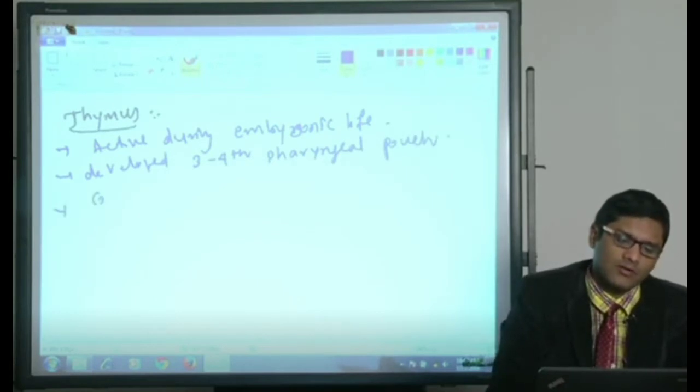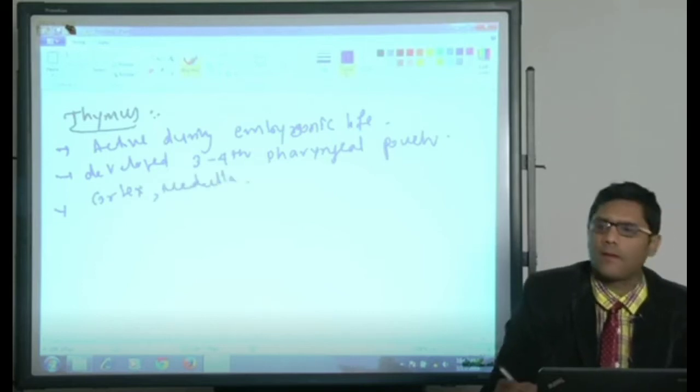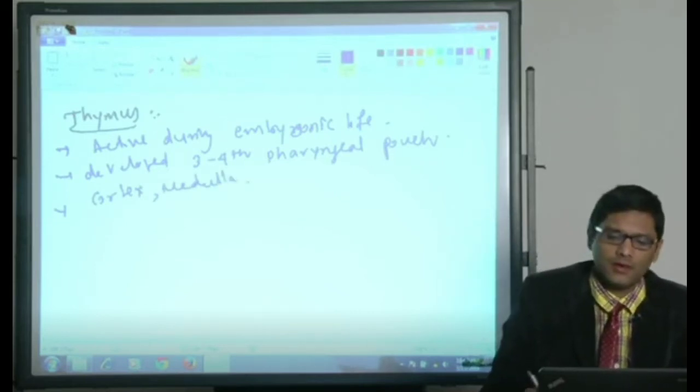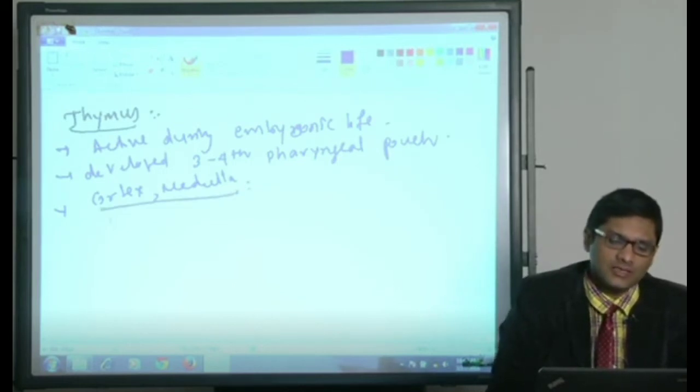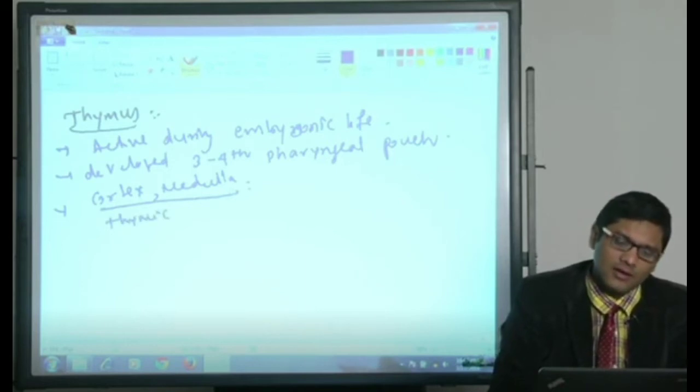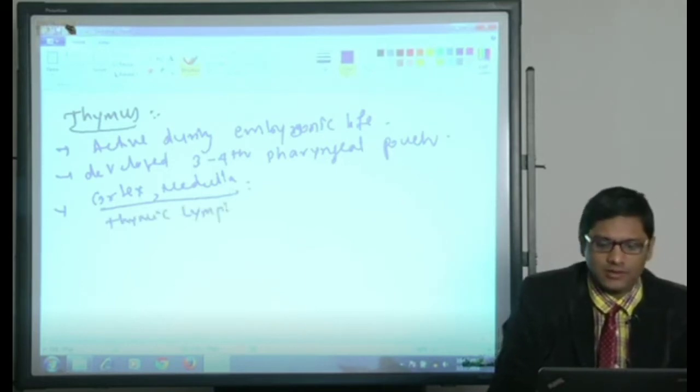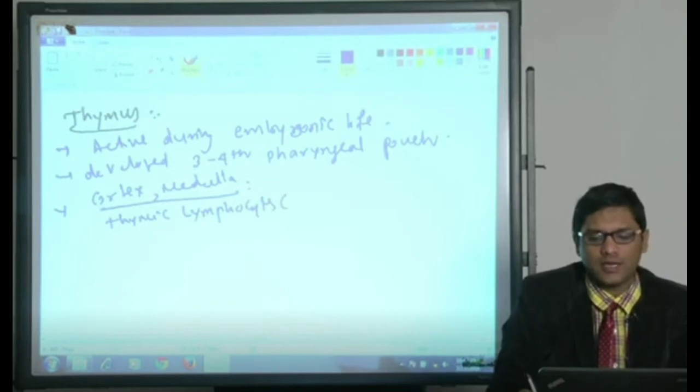It is divided into outer cortex and inner medulla. Both cortex and medulla are rich in thymic lymphocytes. Thymic lymphocytes are called thymocytes.